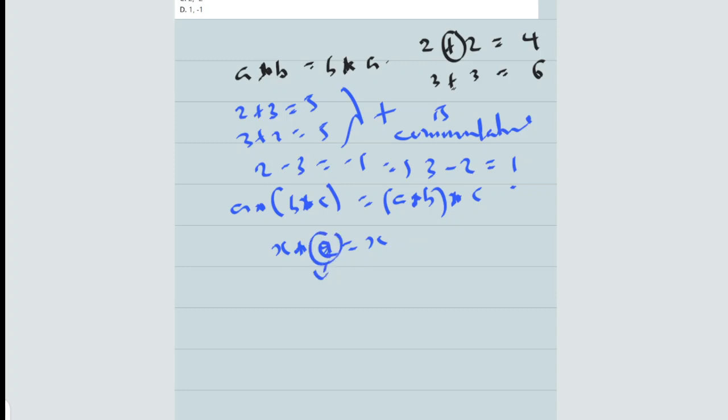That element is known as the identity element. So for your usual addition, you can see that 0 is the identity element. We call it the additive identity because what are you going to add to 3 to give 3 back? It is 0. So we call 0 the additive identity.